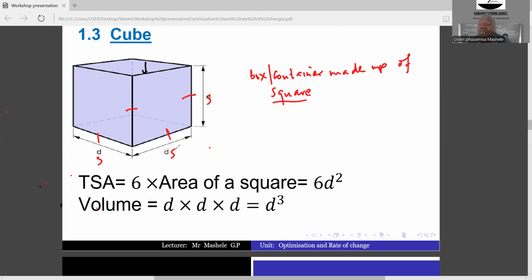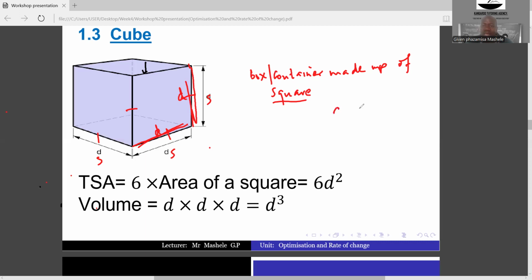And how do we calculate the total area of this cube if it's closed? Remember, if we know one area of this cube, then we already know the area of the other sides. So the area is one side multiplied by the other. If this is D and there is D, what will be the area?